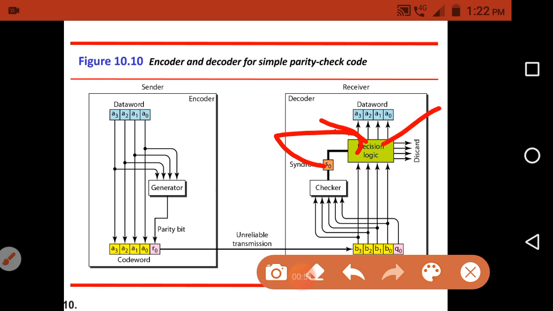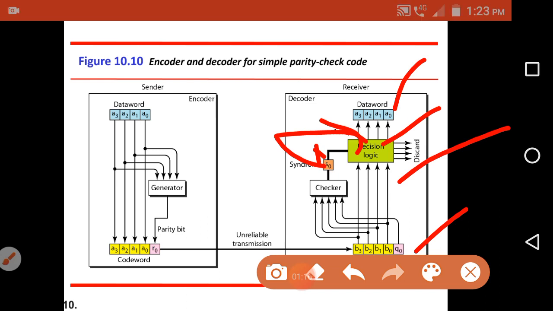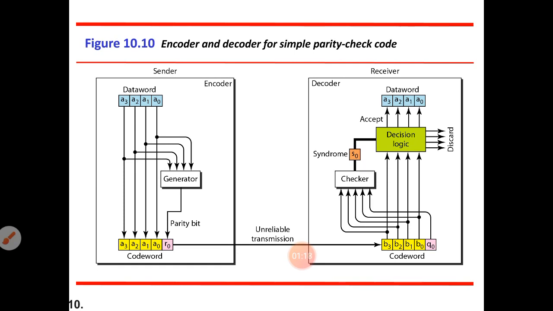The decision logic will analyze the value of S0. If it is 0, then it will extract the actual data from this particular code word. If the syndrome value is 1, then it will discard that particular code word. So that is the operation at the receiver side.